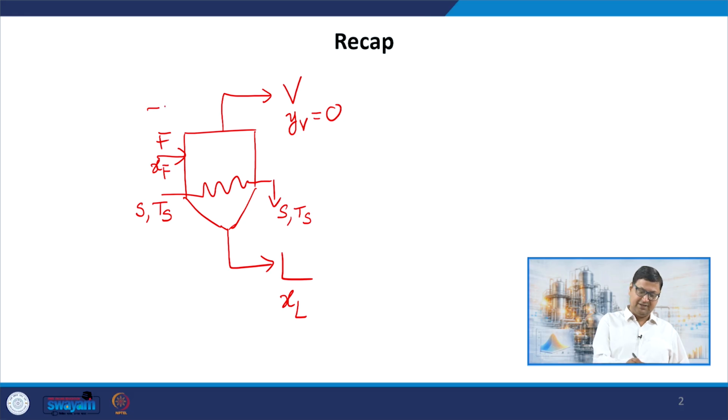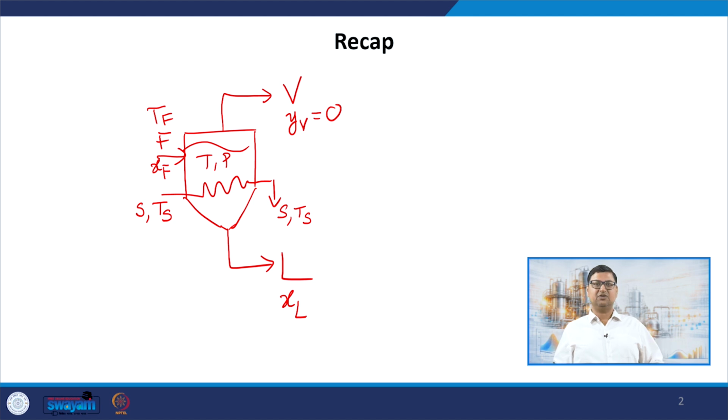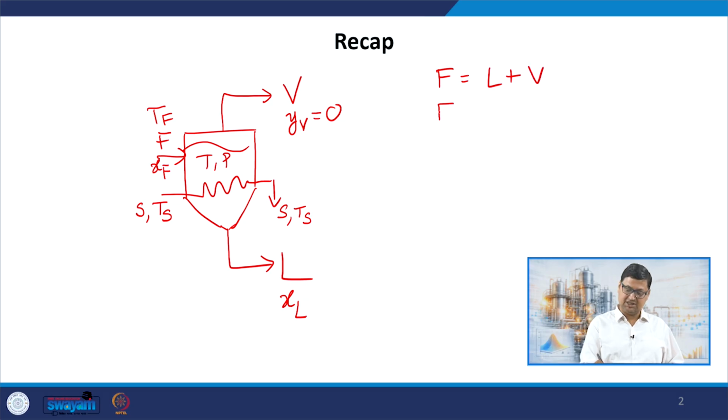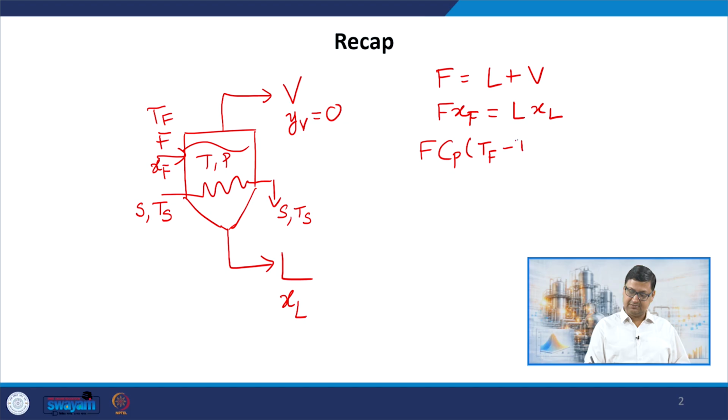And the feed is at some temperature Tf, and there is some temperature and pressure inside the evaporator as well, right? The equations that we got for this system were the overall mass balance, the solute mass balance, and the energy balance, assuming that there is no heat of solution and no boiling point elevation.